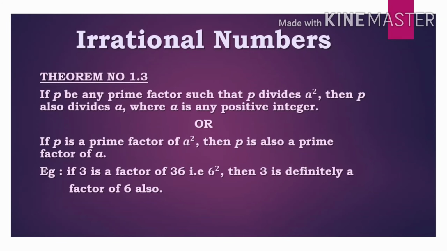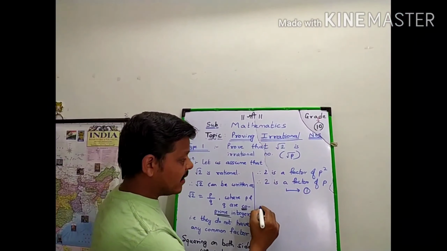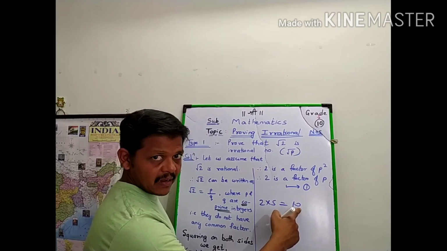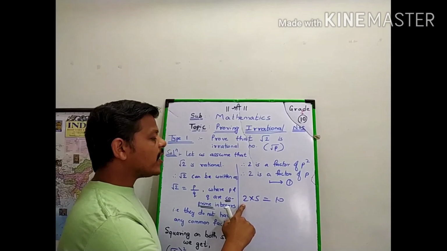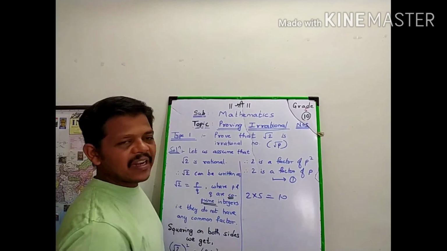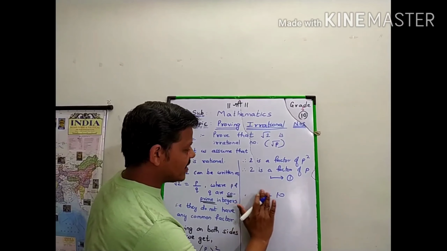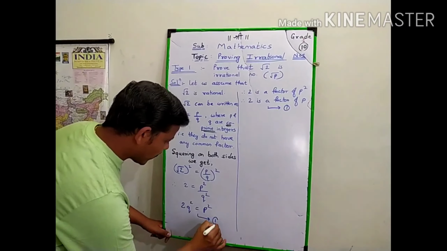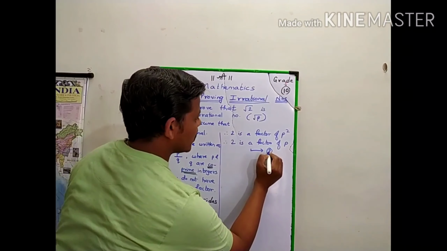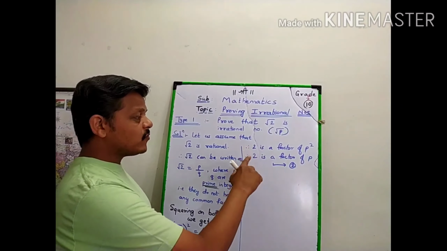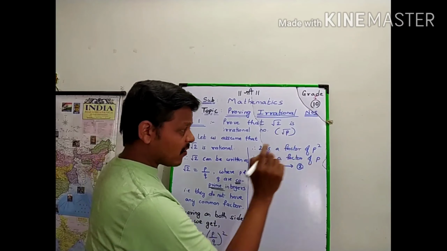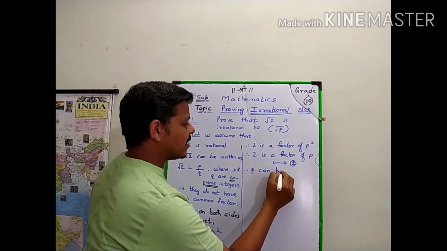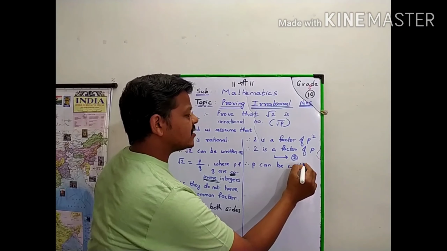Now, if 2 is a factor of p, just now we have said 2 into 5 is equal to 10. 2 is a factor of 10 means 2 into some integer will give me 10. Very nicely understand this. Let this be my equation 1. Let me call this equation 2. Now if 2 is a factor of p, therefore p can be written as... It's very interesting to understand.